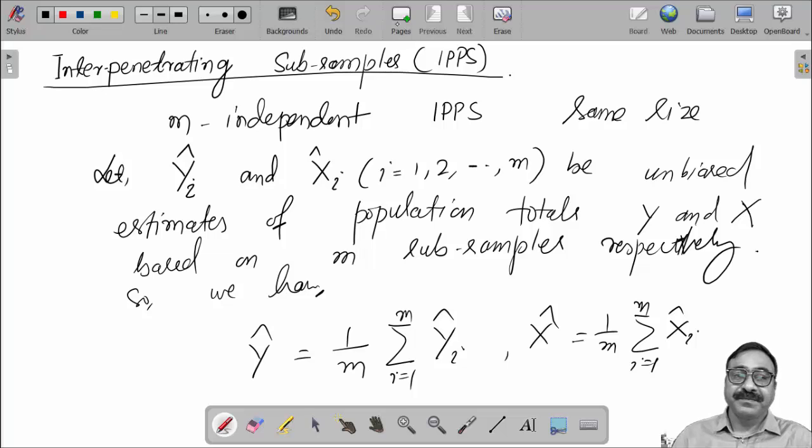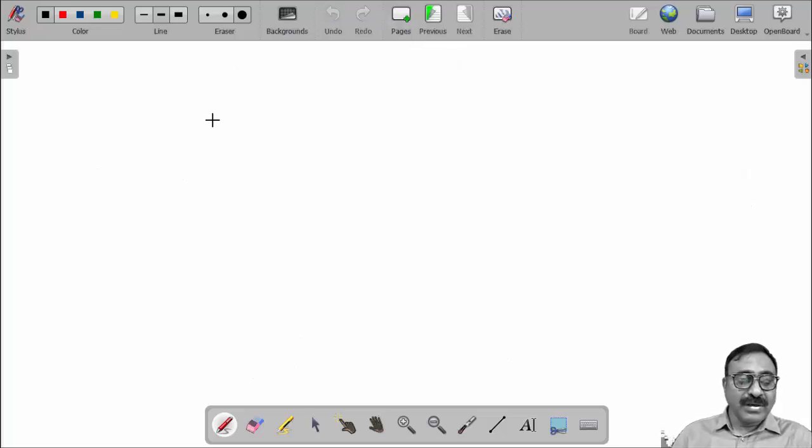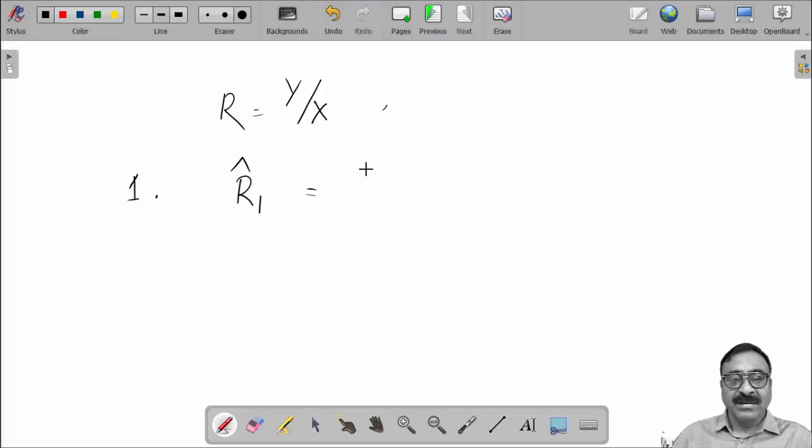So there are two ratio estimates that can be formed to estimate R, that is equal to Y by X. The first, R1 cap, is equal to y estimate by x estimate, the estimate of total of y divided by the estimate of total of x.